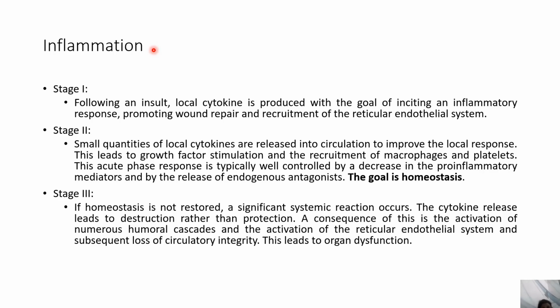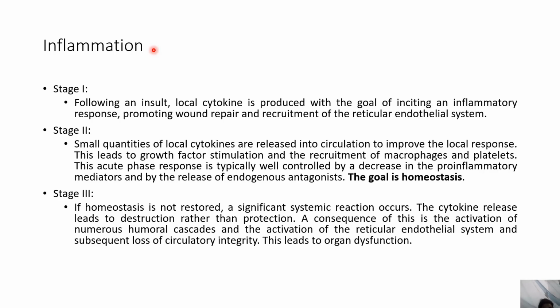And this acute phase response is typically well controlled by a decrease in the pro-inflammatory mediators and by the release of endogenous antagonists, and the goal is basically homeostasis. Stage 3, if homeostasis is not restored, a significant systemic reaction occurs. So the cytokine release leads to destruction rather than protection.